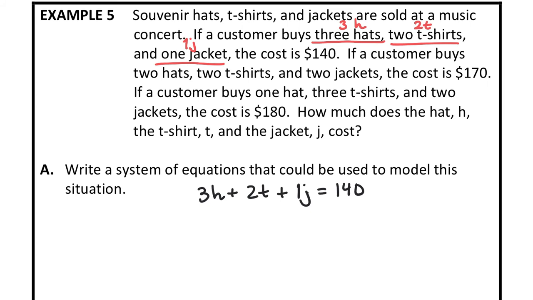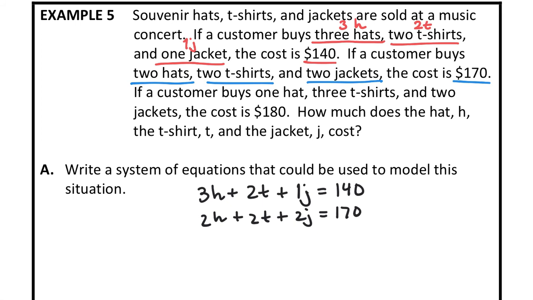Okay, so let's do that with the second sentence. If a customer buys 2 hats, 2 shirts, and 2 jackets, that's 170. So 2 hats plus 2 t-shirts plus 2 jackets, that's 170.